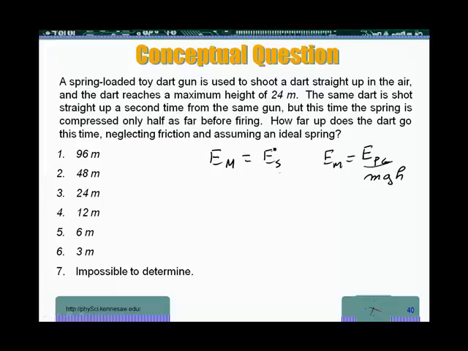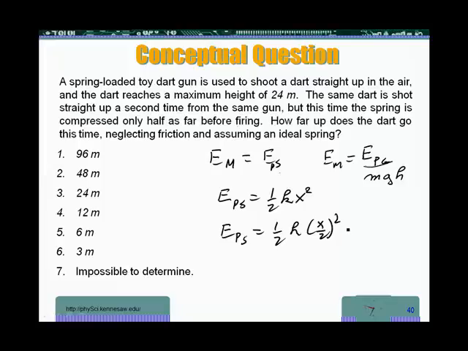Now, we compress the spring half as much. If we compress it half as much, remember the spring potential energy is 1/2 of kx squared. If we compress it half as much, that's going to be 1/2 of k times x over 2, squared.